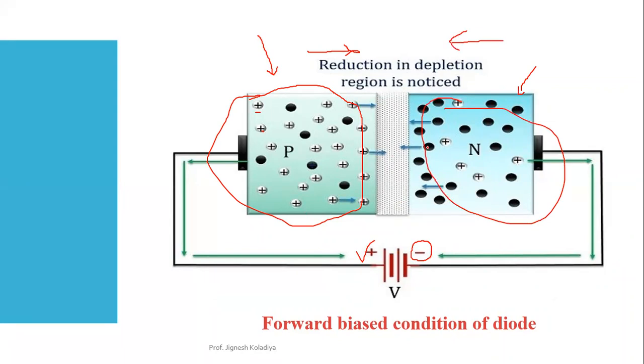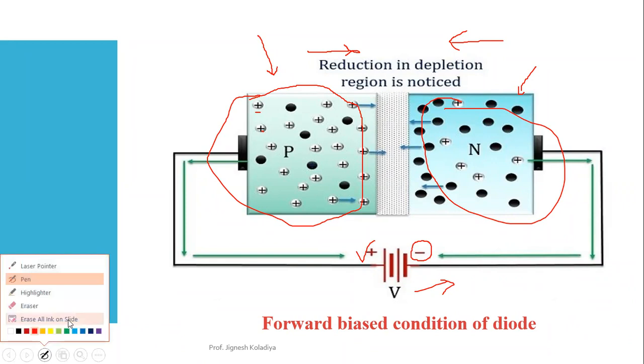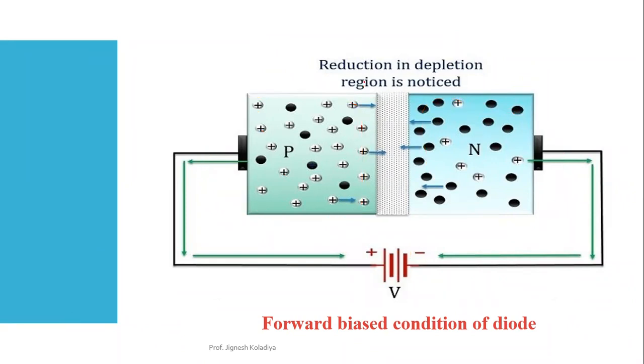So ultimately, the width of the depletion region is reduced as you increase the voltage level, right? In other words, previously, in the unbiased condition, this is the polarity developed in the depletion region, and due to this the electric field intensity develops in this direction.